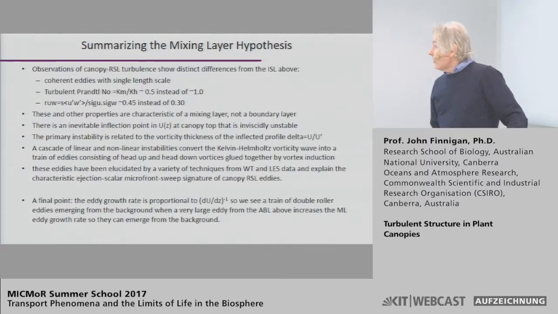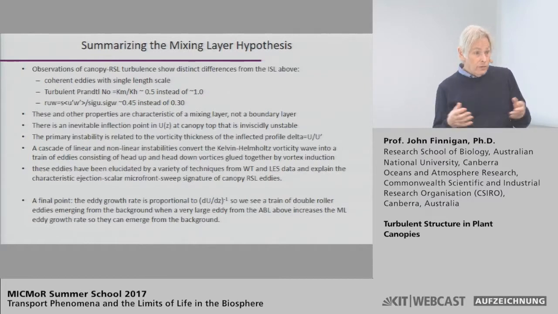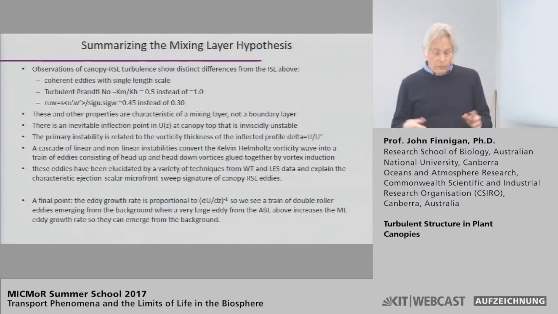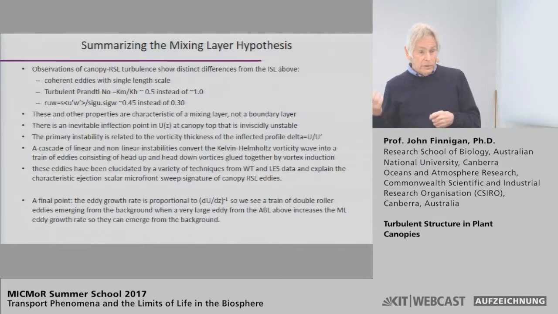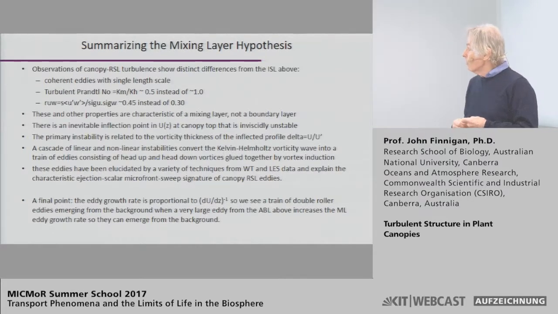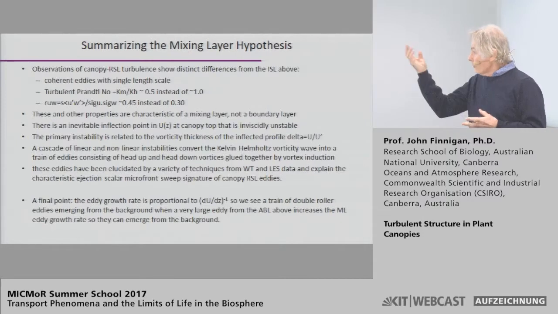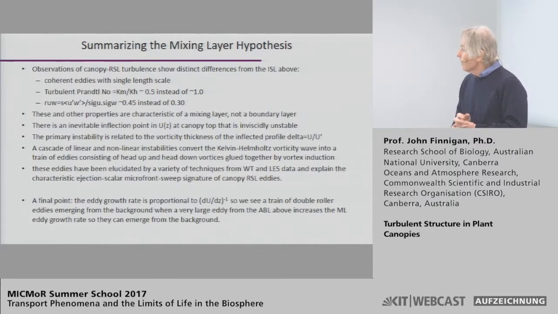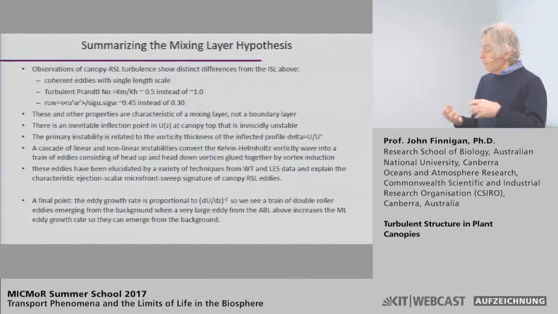And the intensity of turbulence, the covariance of U and W divided by the product of the standard deviations, is about 0.45 rather than about 0.3. So it's more coherent and more good at transport. So as I said, these are characteristics of a mixing layer. There's always an inflection point if you're absorbing momentum over a height.